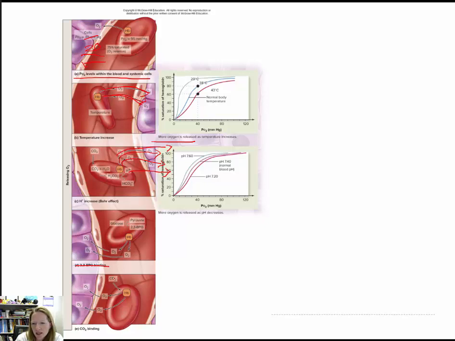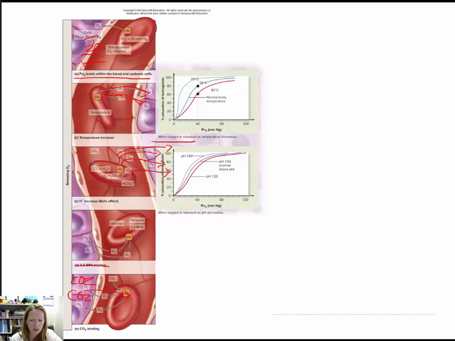Anytime carbon dioxide comes in and binds to the globin part of the hemoglobin, it's like oxygen is disgusted by it and wants to just leave and go to the systemic cell. But where is this carbon dioxide coming from? It's coming from these tissues, right? So the more carbon dioxide you have, the more can bind to the hemoglobin.